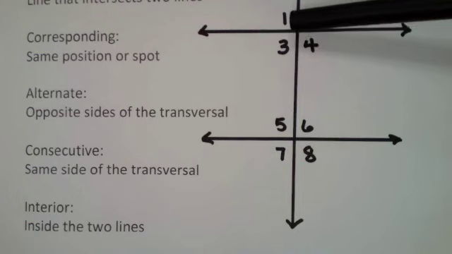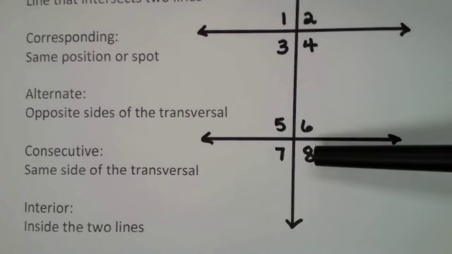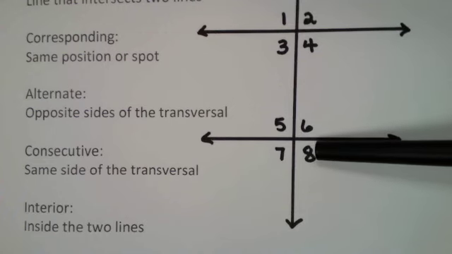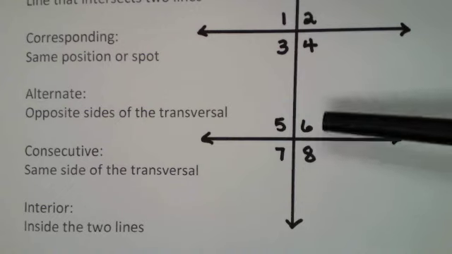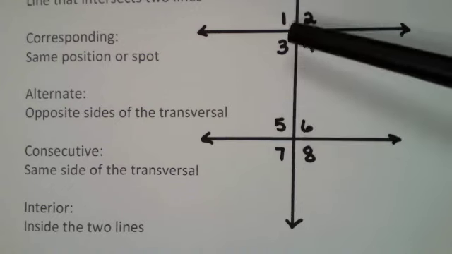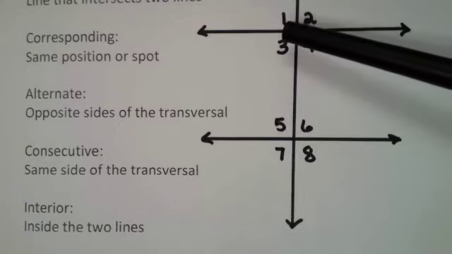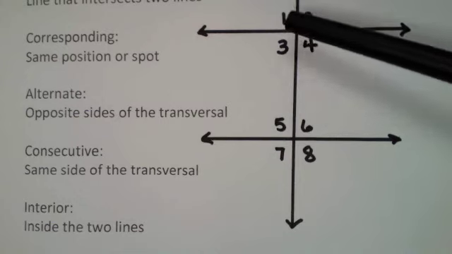That's a linear pair. This word alternate is going to compare this angle up here to the ones down here that are on the opposite side of the transversal. So 1 and 6 are alternate. 1 and 8 are alternate. Because we already have a name for 1 and 2, that's a linear pair, and 1 and 4.